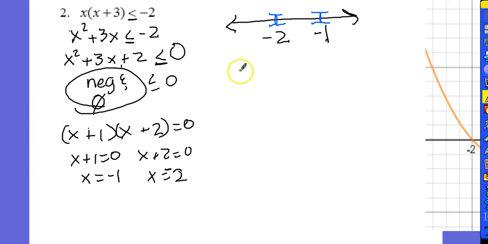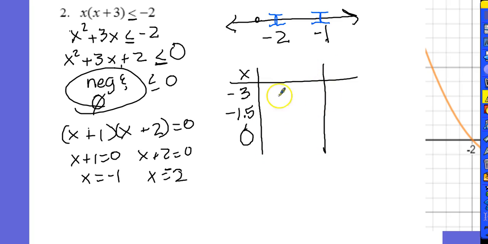I'm going to do the sign chart. So what numbers do you want to pick? -3? Yes. I think -1.5, because that'll be in the center. And then 0. This time I'm going to plug it into the factored form. So I'm going to do x plus 1 and x plus 2. So -3 plus 1 times -3 plus 2.